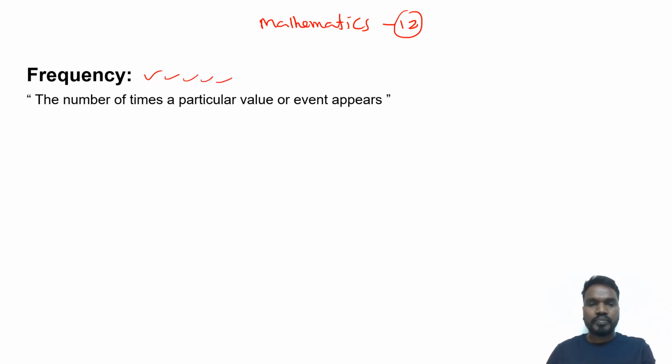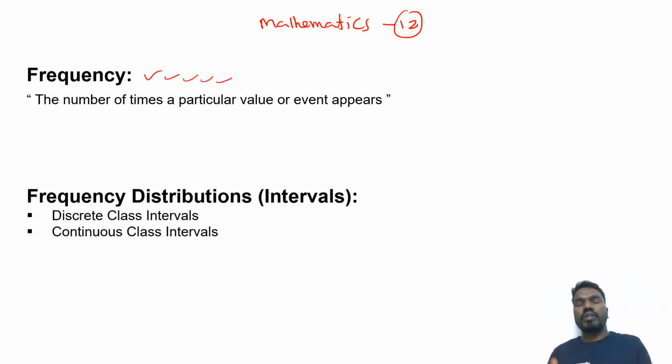Okay, frequency. So as I said, when you have a large amount of data, it is not a proper way to represent it using tally marks, because it consumes time and it will be hectic, right?